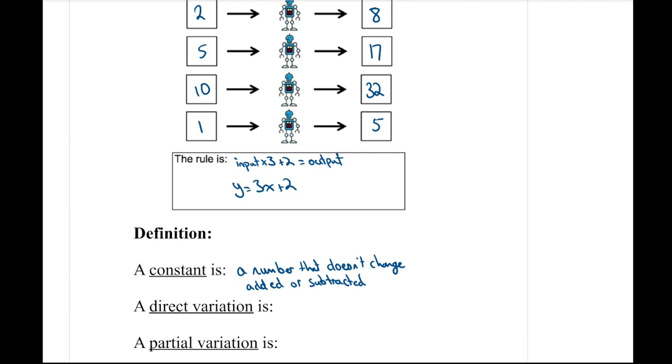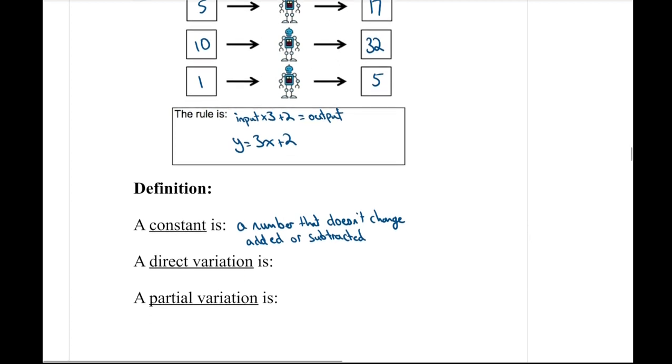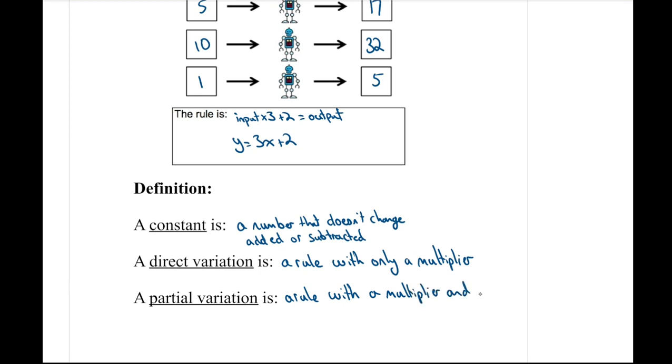Two other terms that you're not going to see too often, but it does help if we just recognize them. Direct variation is a rule with only a multiplier. And partial variation is a rule with a multiplier and a constant.